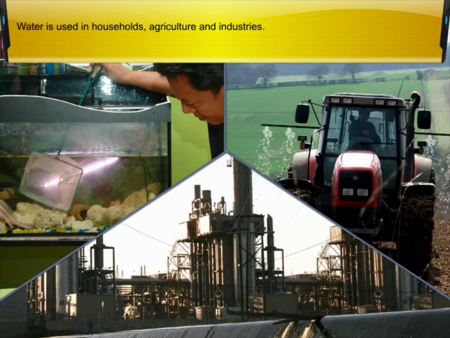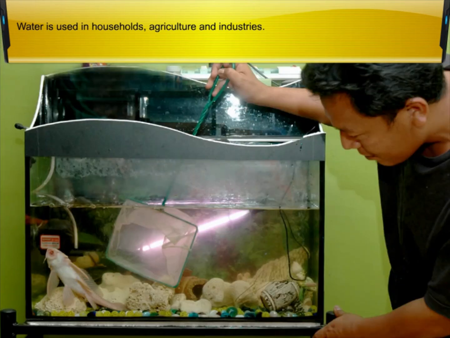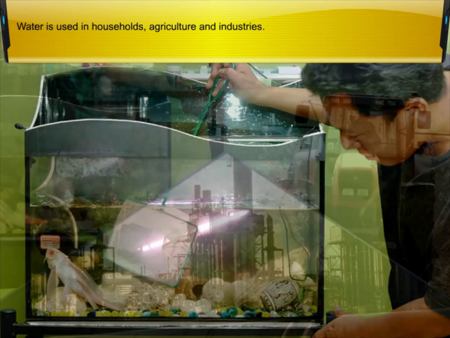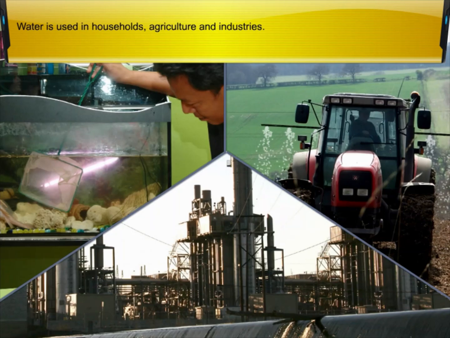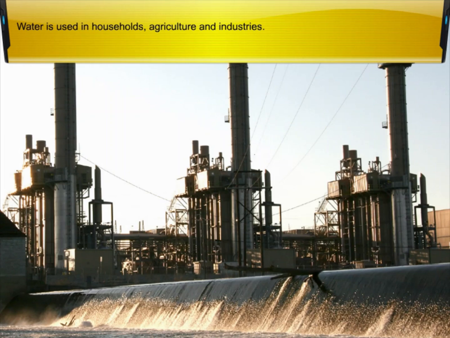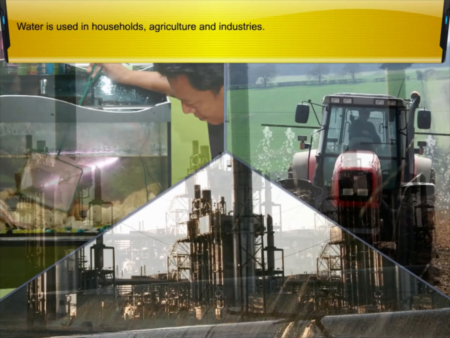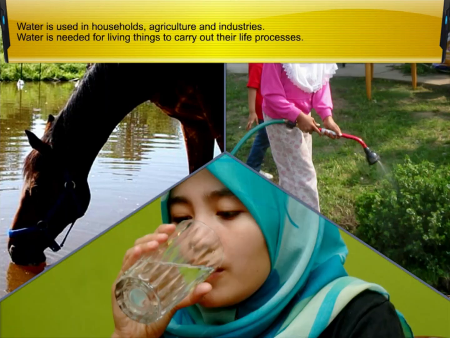Water is used in households, agriculture, and industries. Water is needed for living things to carry out their life processes. Water is very important for all living things to survive.